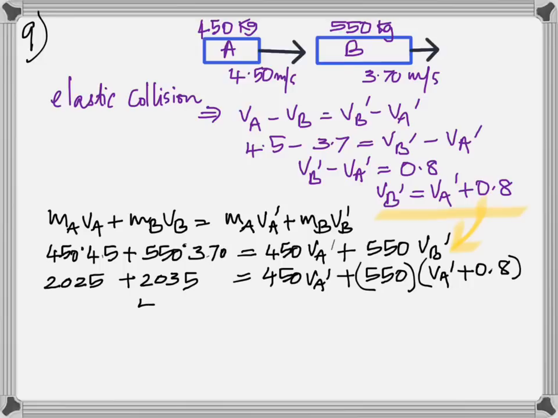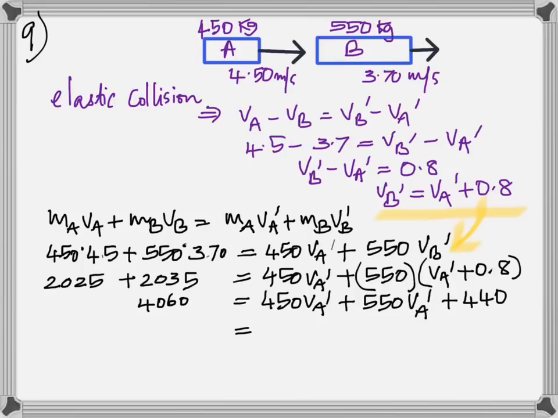And remember, we are also substituting for VB prime. So 4060 is 450 VA prime, and then 550 VA prime as you open the parenthesis. And then you get 550 times 0.8 is 440.